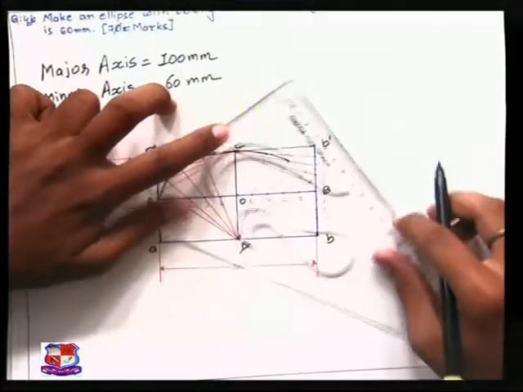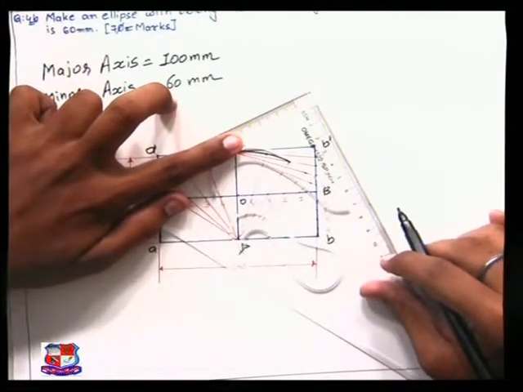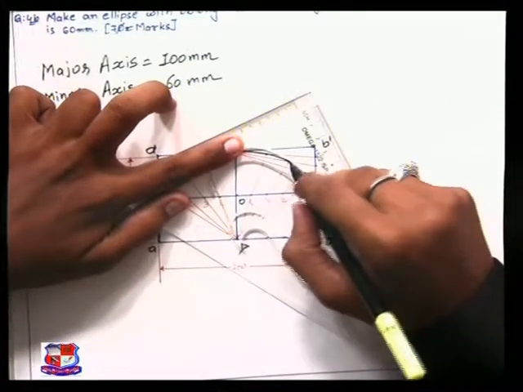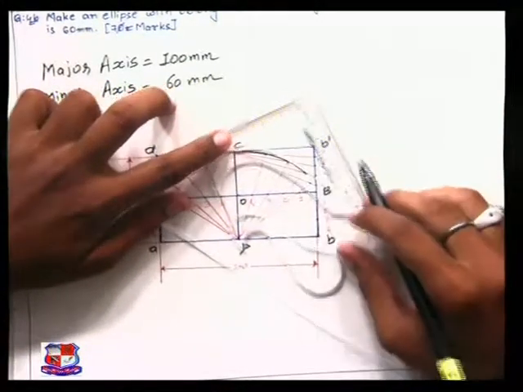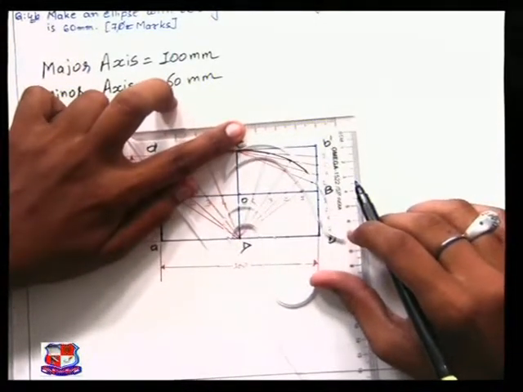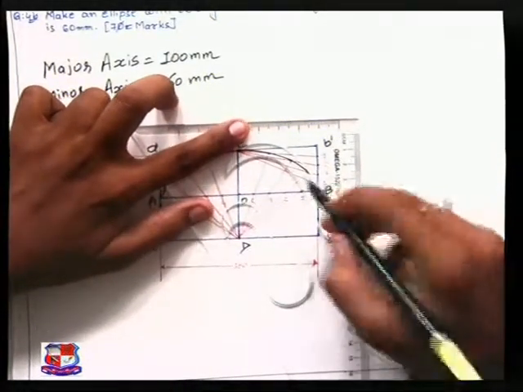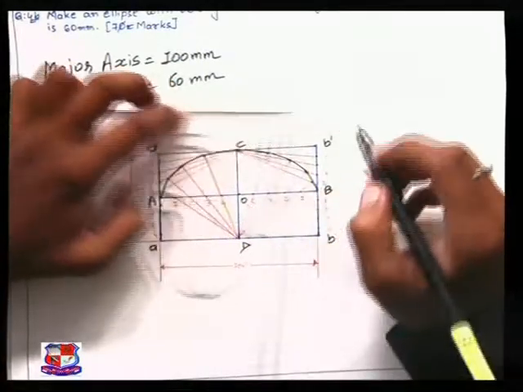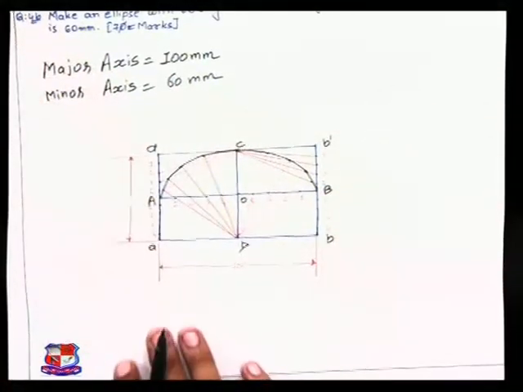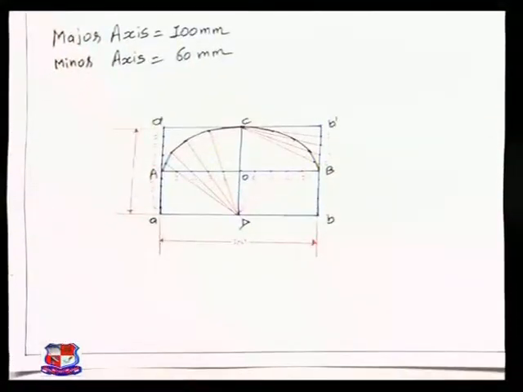Join it very properly. No cloud formation should be made. It should be a very smooth curve. Our half ellipse is complete.